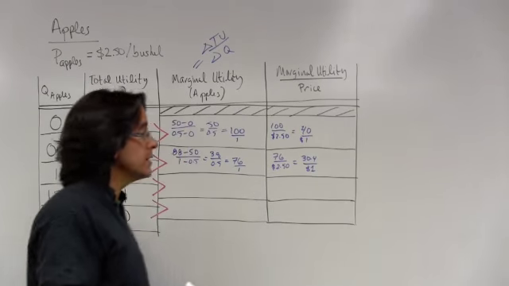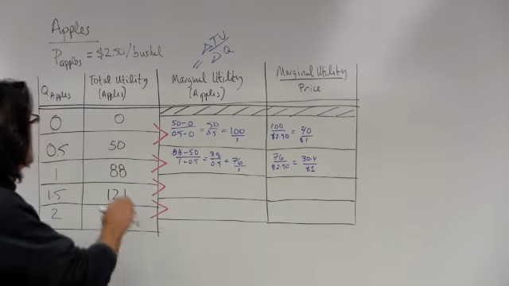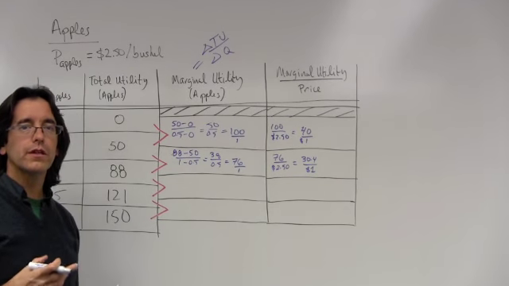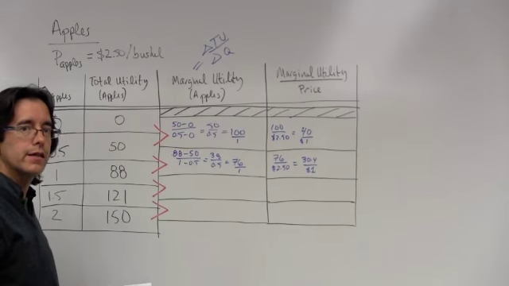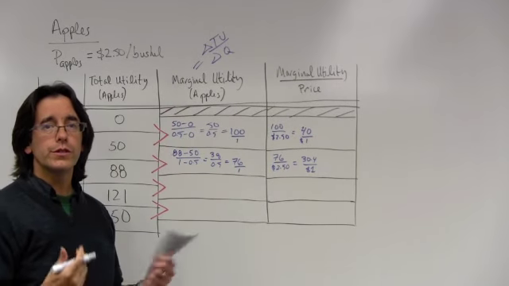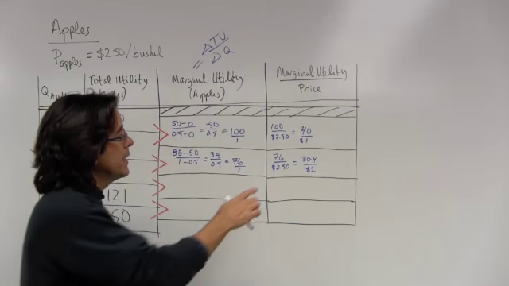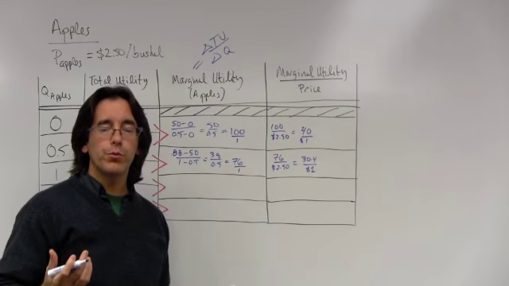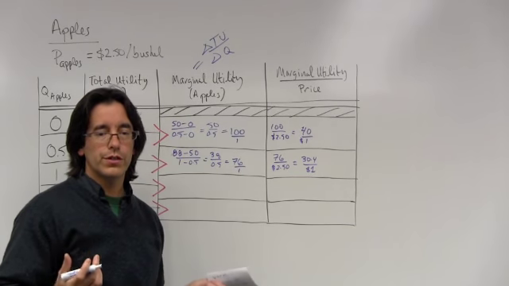The mechanism is I spend a dollar, I get some apples, I consume those apples, I generate utility. All those steps are incorporated into this ratio of marginal utility to price. If I spend another dollar on apples, I'm going to get 30.4 units of additional utility.